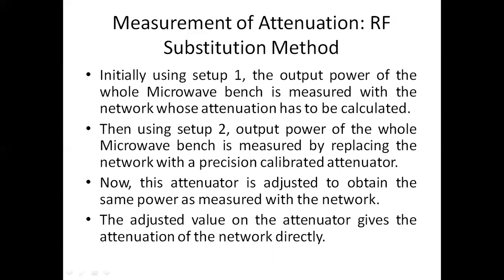This precision calibrated attenuator is tuned to obtain the same power as measured with the network used in setup 1. Based on this adjusted value of the attenuator, the attenuation of the network can be found directly. In the previous method, we used the ratio of the powers. Here we can measure the attenuation directly using this RF substitution method.